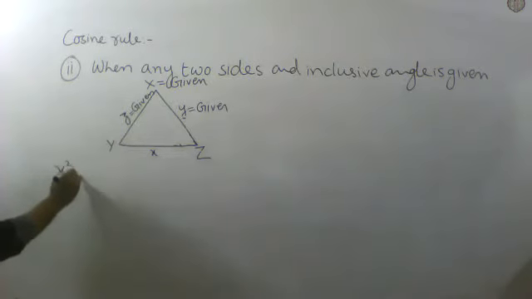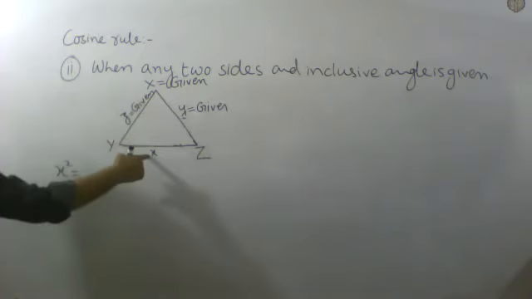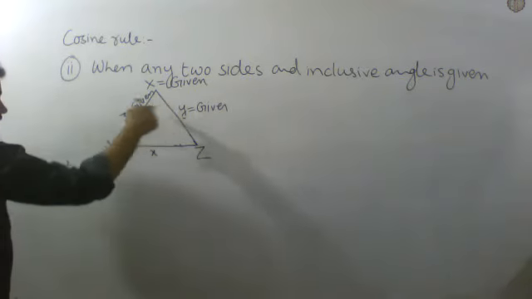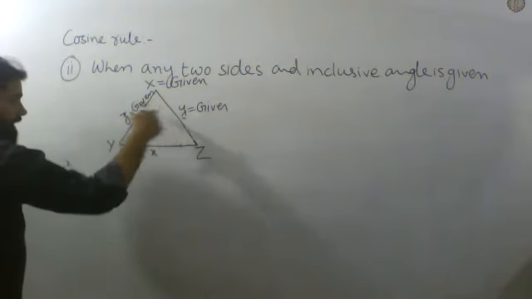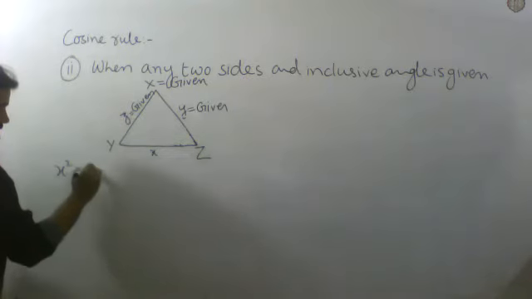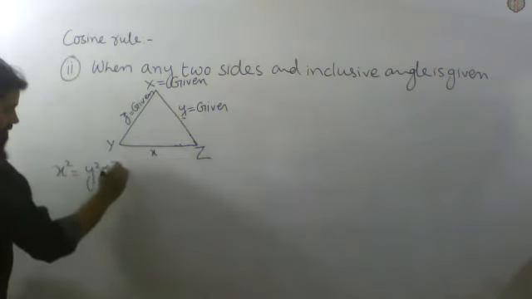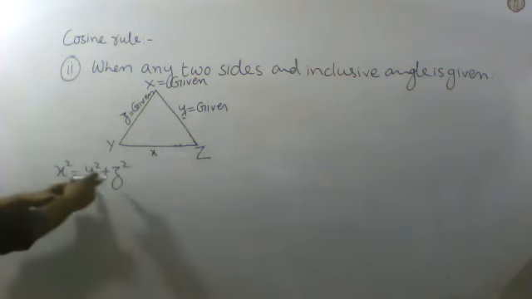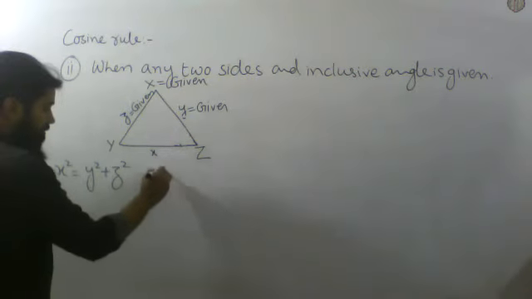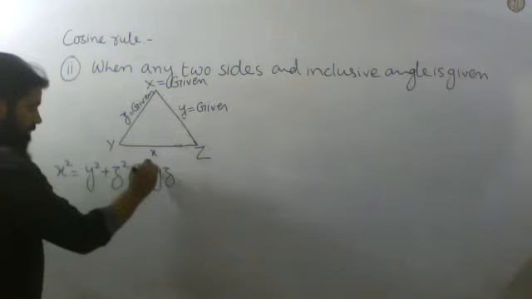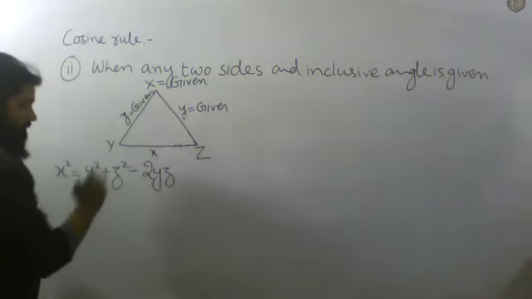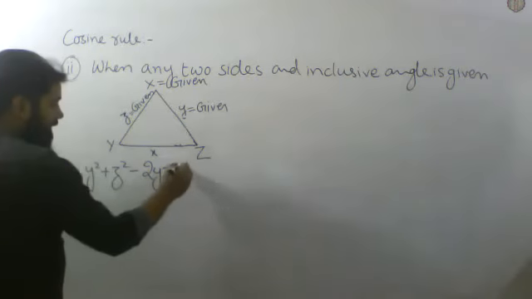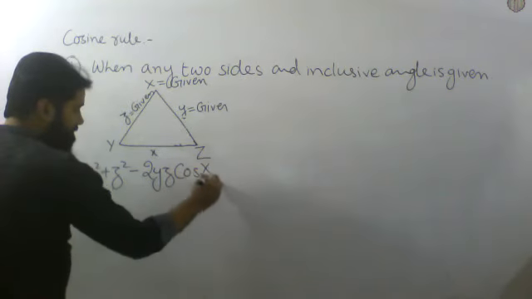Squaring of opposite angle equals to squaring of given two sides with positive sign. Then these two will be written without a square multiplied by 2. Before that I will put minus sign and cos of inclusive angle.